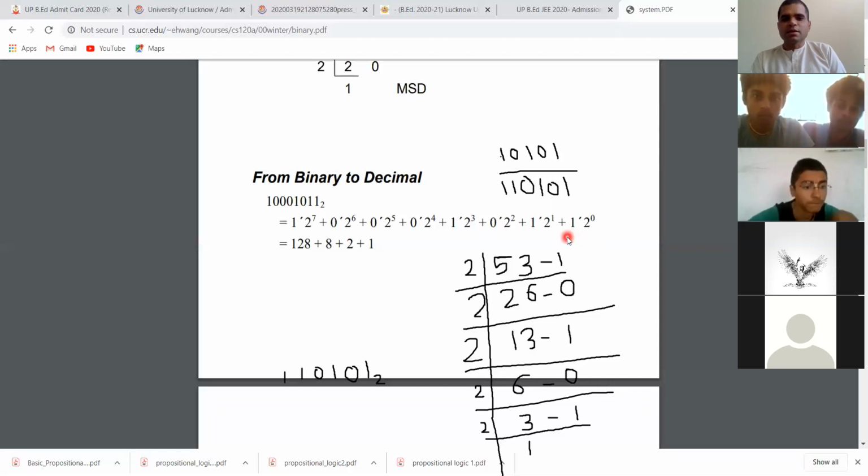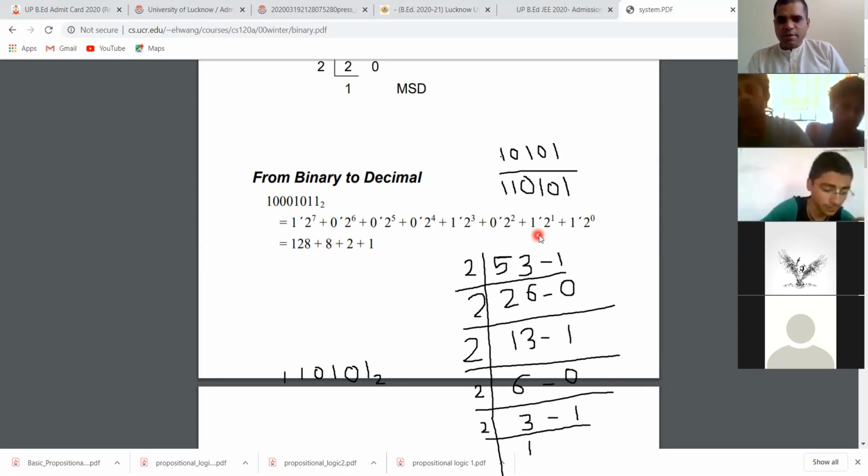Then plus, what is the next number from the right side? 1. You see, 1, 1, 0, 1, 0, 0, 0, 1. So the next number is 1, and you multiply it with 2 to the power 1.